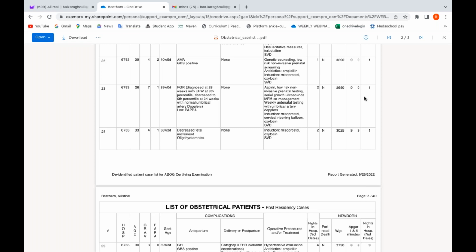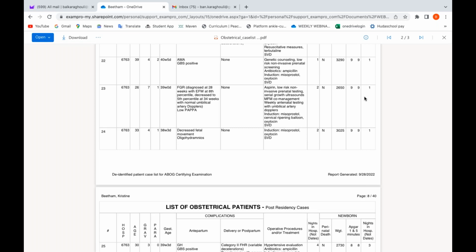So that would depend on the percentile and the presence of abnormal Dopplers. For this specific case, the EFW was at the 8th percentile. So anything between the 3rd and 10th percentile, you can deliver between 38 and 39 weeks. Okay.